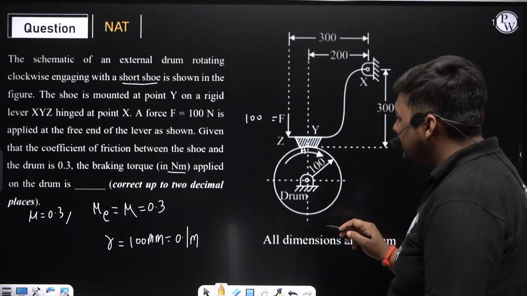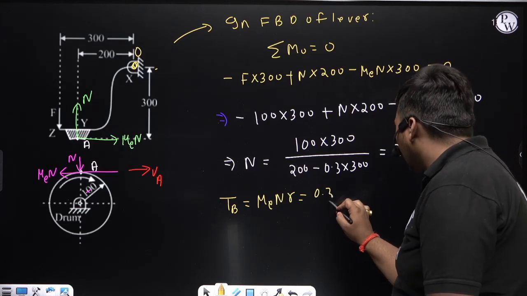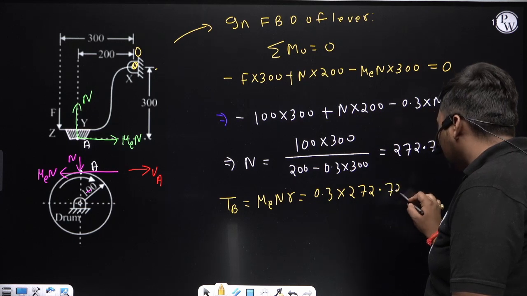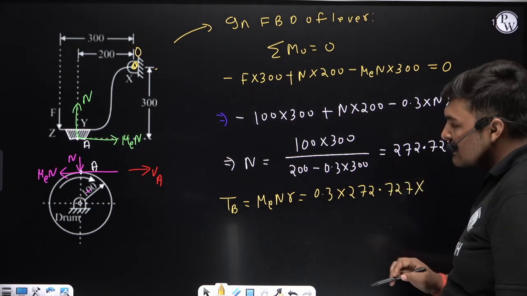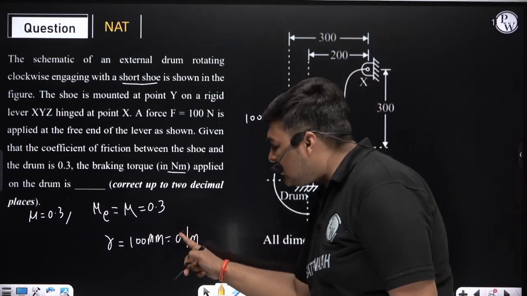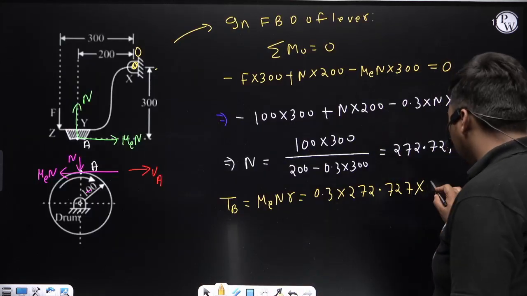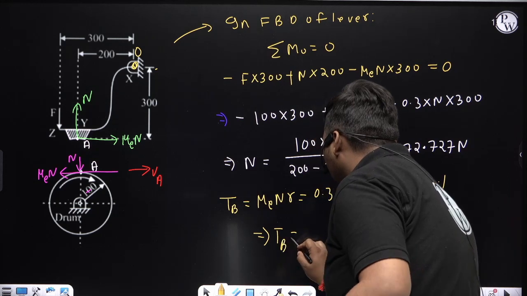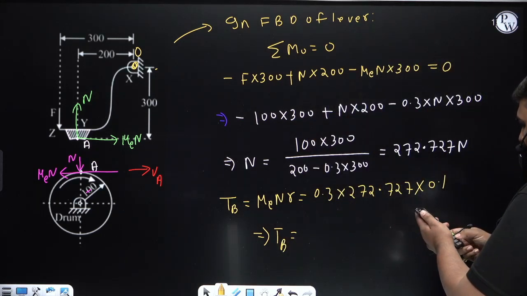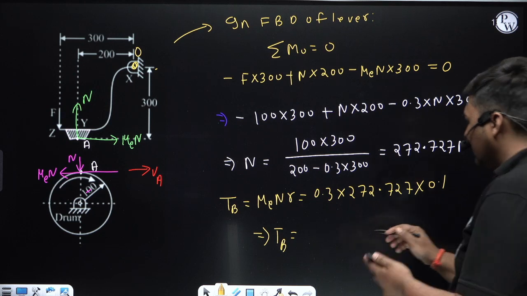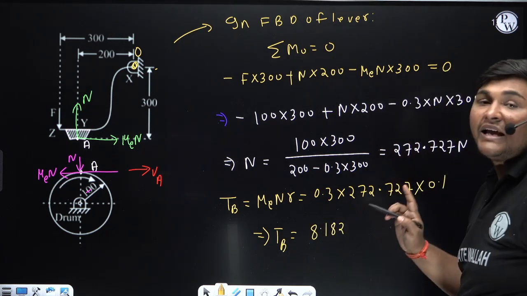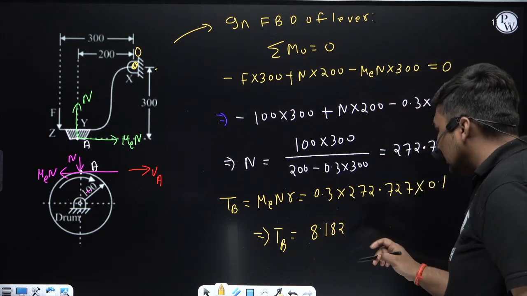Mu equivalent is 0.3 and we already calculated N, it is coming 272.727, and R is the radius of drum. So the radius of drum in SI unit, that is meter, is 0.1 meter. So from this equation we get the braking torque, and the value of braking torque is coming 8.182, and since I have used SI unit, the unit of torque is Newton meter.